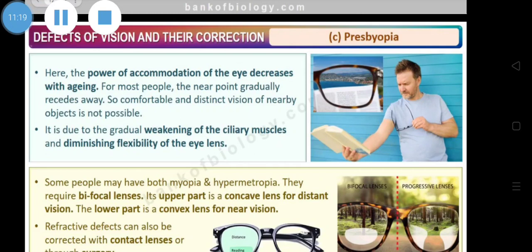It is due to the gradual weakening of the ciliary muscles and diminishing flexibility of the eye lens. So presbyopia usually occurs in old age people. The reason behind it is aging, which causes weakening of the ciliary muscle, and the lens reduces its flexibility.